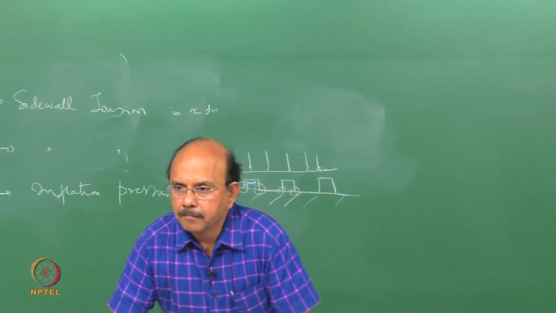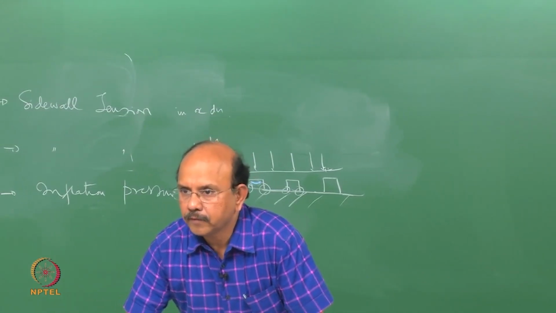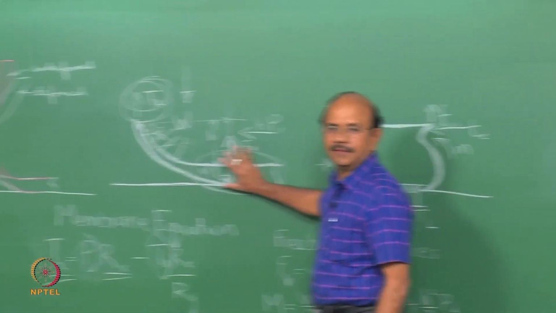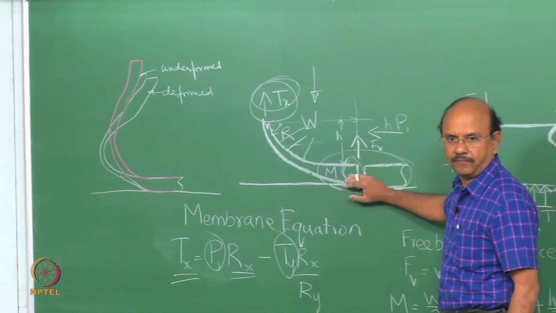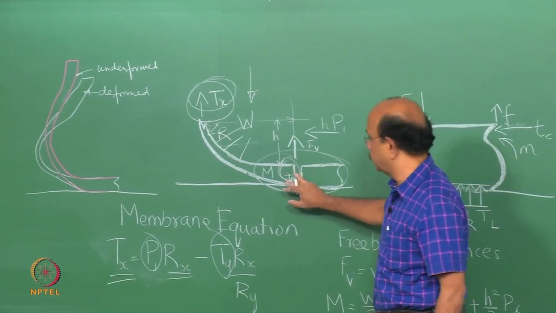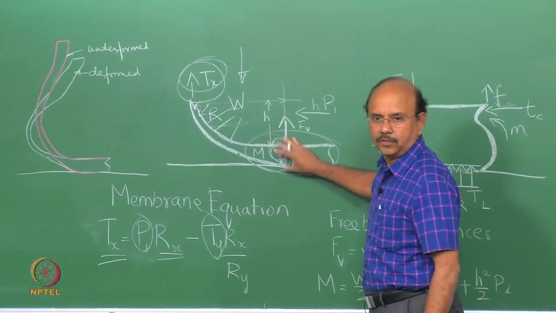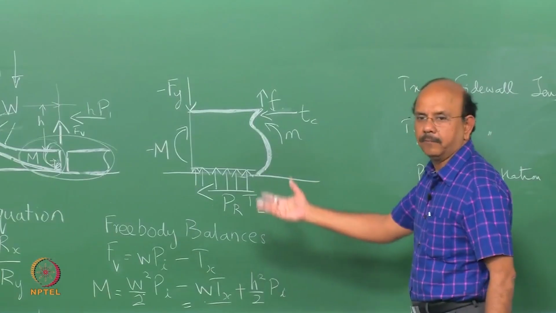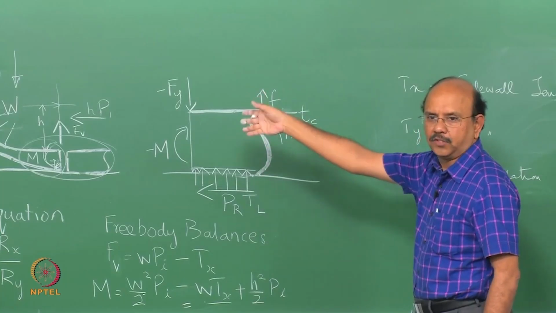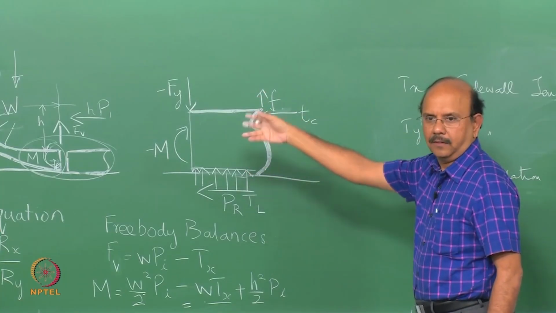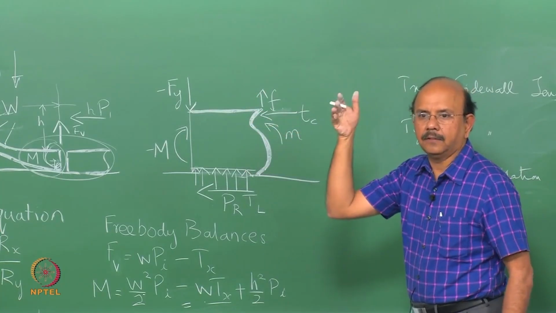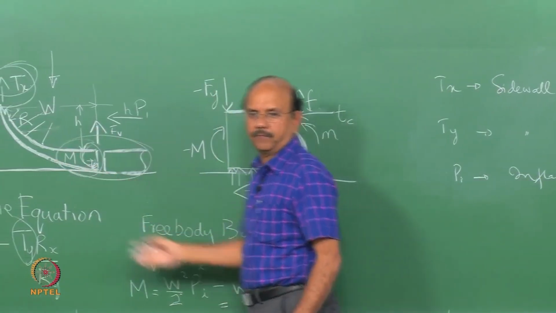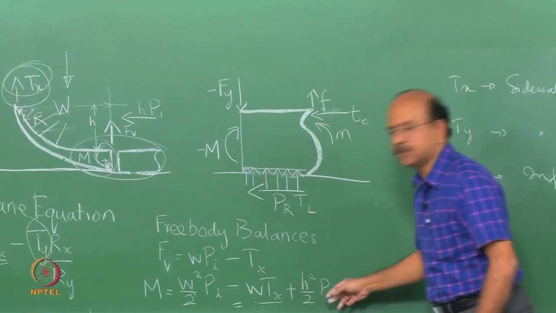Sir, that m on the left hand side, that is due to the forces. Yeah, the m is the bending moment that acts at the edge. So there, what we do is simply we take bending moment due to distributed loads due to inflation, which is divided into two parts.